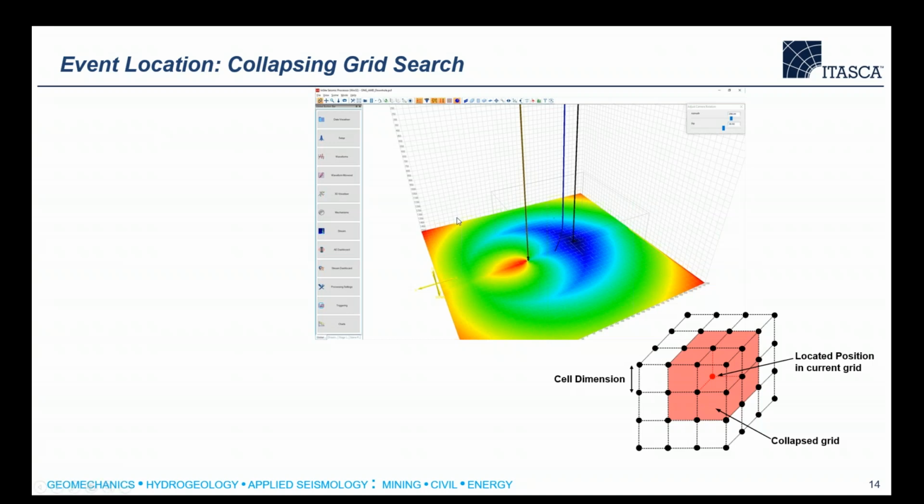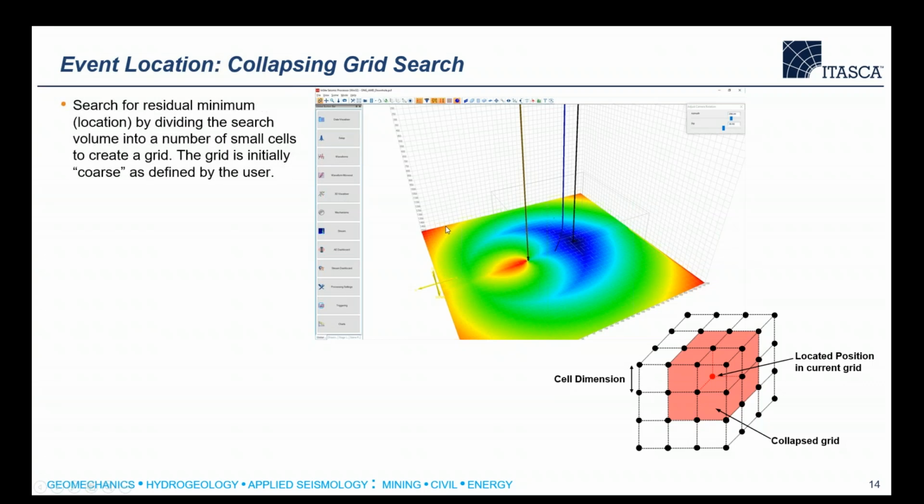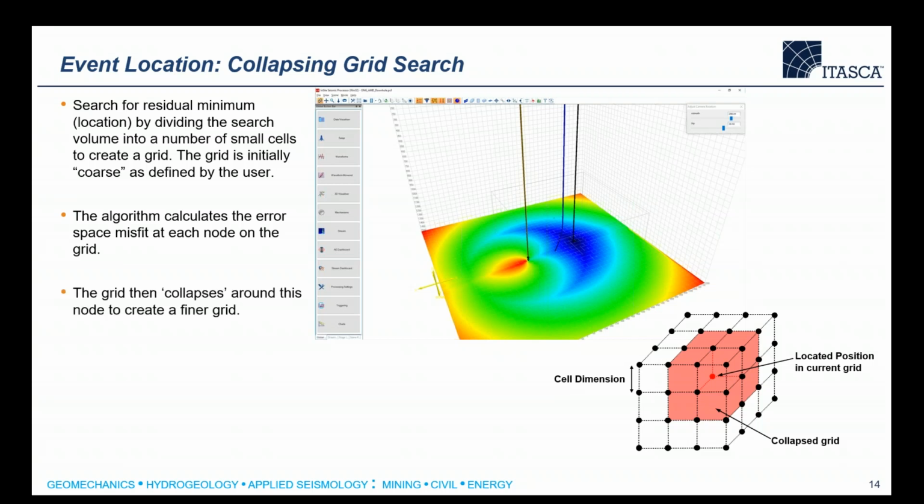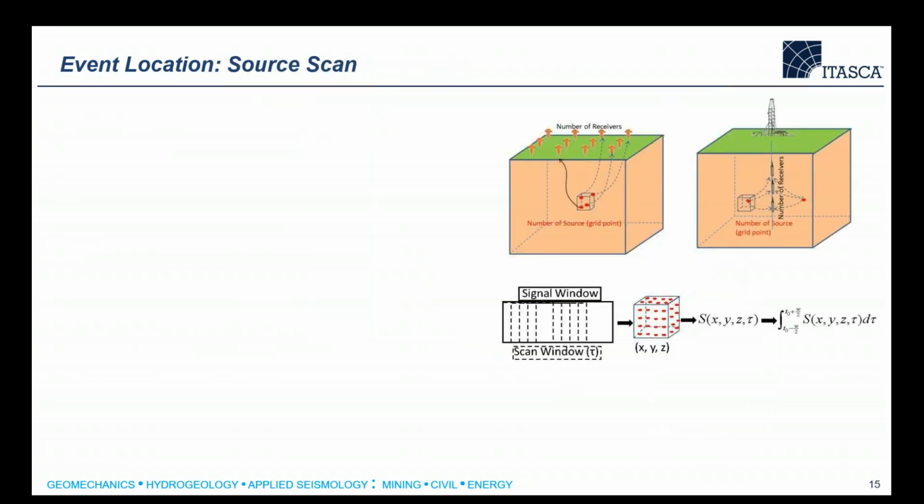It's collapsing to make it more efficient, because it starts with an initial very coarse grid to save time. When it locates the first best fit around that grid, it focuses around it with a finer grid. And at the end, it will produce the misfit around it.